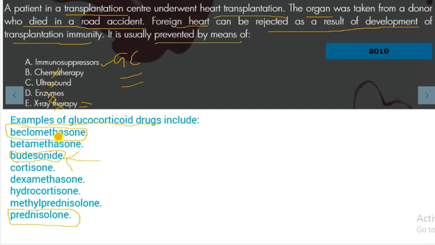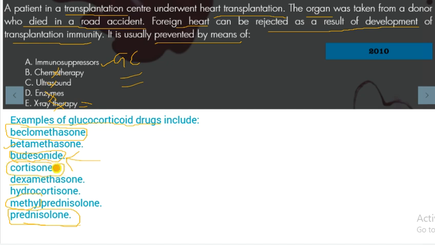If instead of beclo we name it beta, we can say betamethasone, and replace the beta with dexa, we can say dexamethasone. Beclomethasone, betamethasone, dexamethasone. Then prednisolone, add methyl in front of prednisolone, we get methylprednisolone.